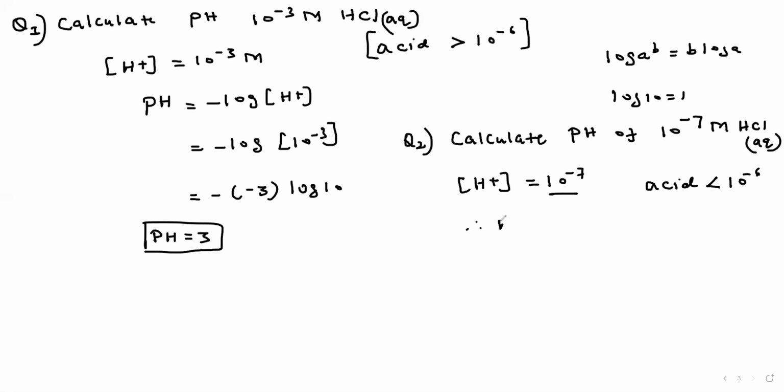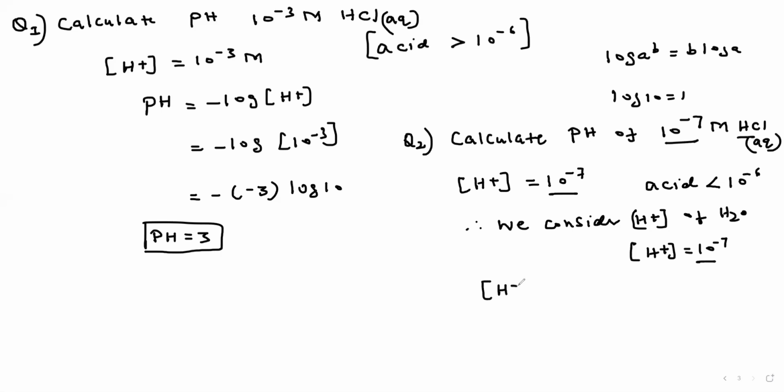Therefore, please note, we consider the H plus concentration of water, H2O. What is the H plus concentration of water? Nothing but 10 power minus 7. Therefore, in the HCl, the concentration is 10 power minus 7. Now, we have to add the two concentrations of H plus ion.